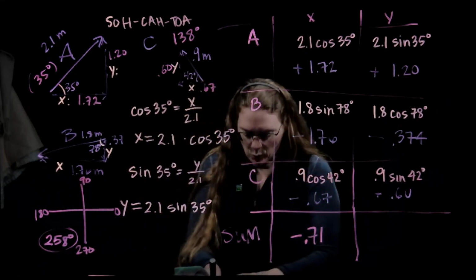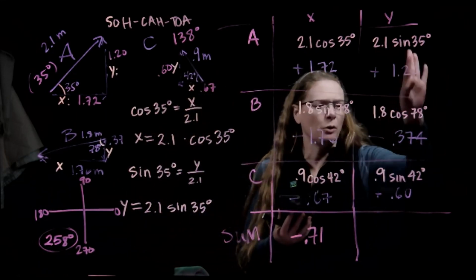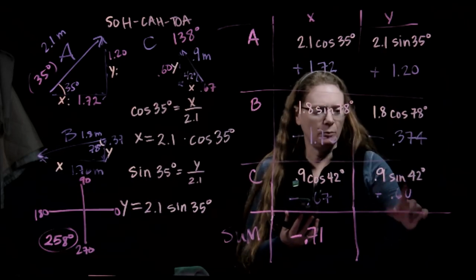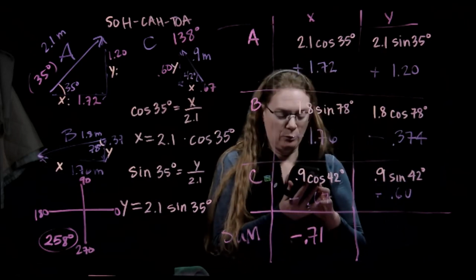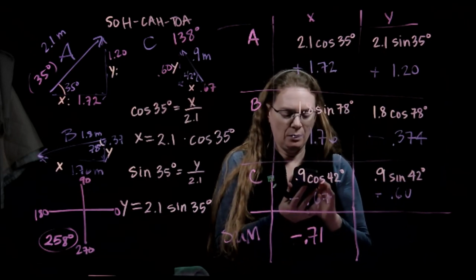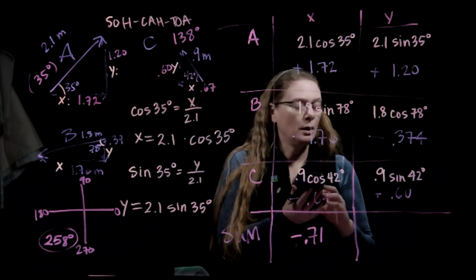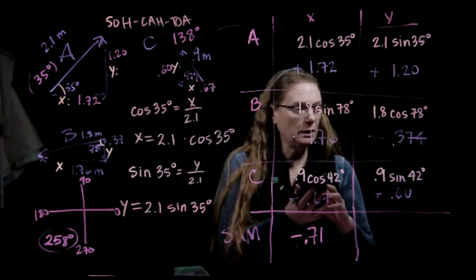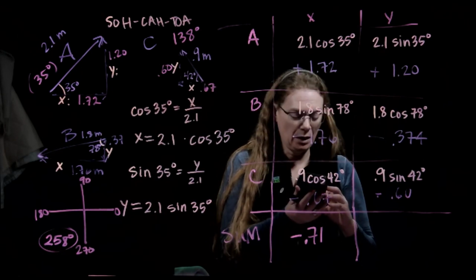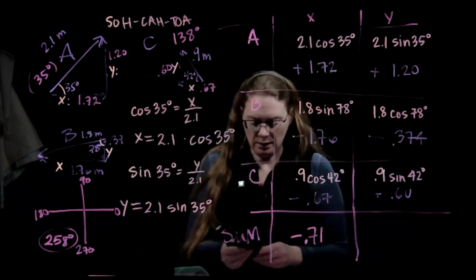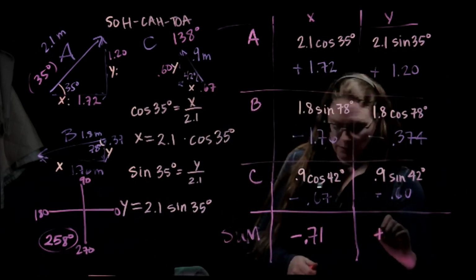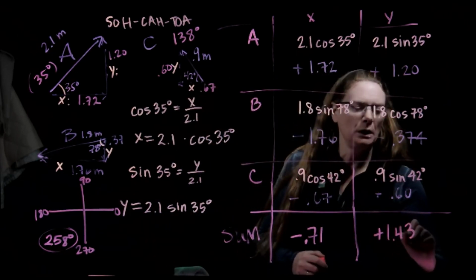And then in the y direction, I've got 1.20 up, 0.37 down, 0.60 up. So I'm going to add 1.2 minus 0.37 plus 0.60. And here I get a positive 1.43.